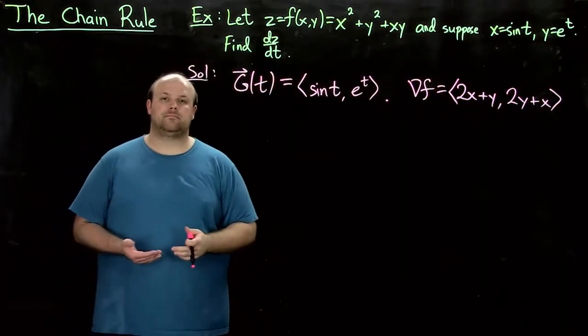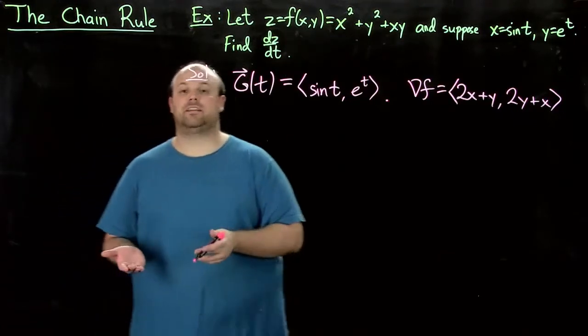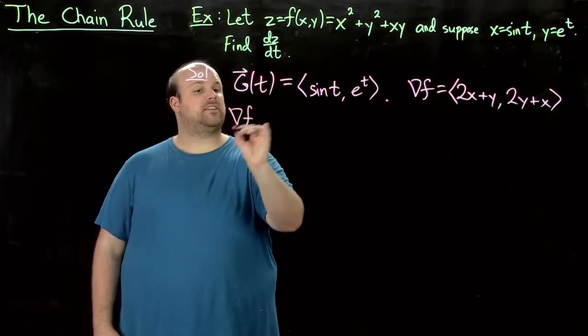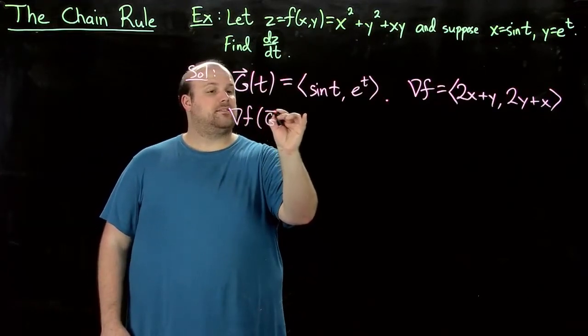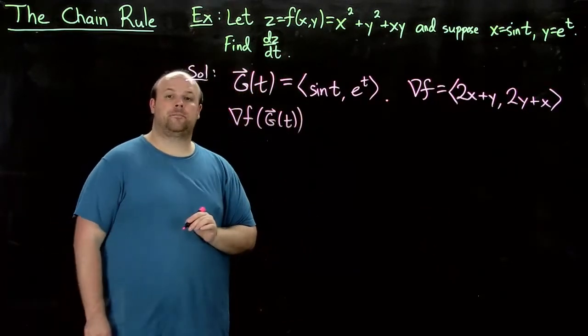All right. So now we need to do two more things, and then we can finally do the chain rule. The first thing we need is to plug g into the gradient of f.